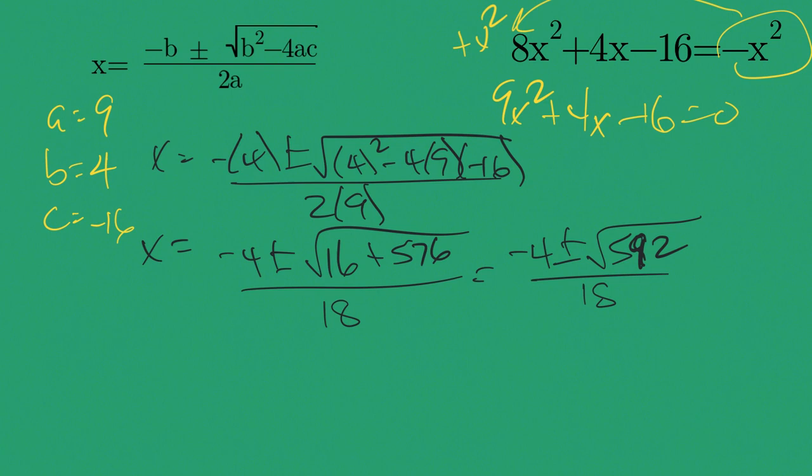Okay. I'm going to tell you right now, 592 is not a perfect square.